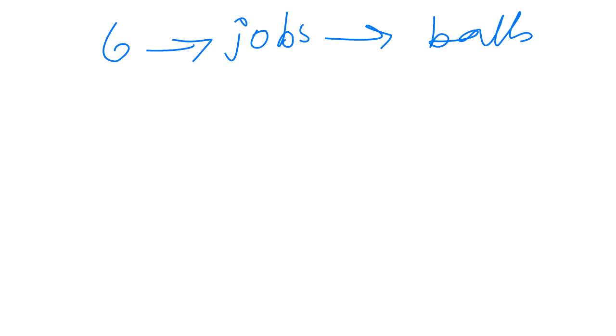So this is in 2.10. You will say in this, 6 jobs, maybe I'll call these balls. And distinct jobs, so these are distinguishable, right?